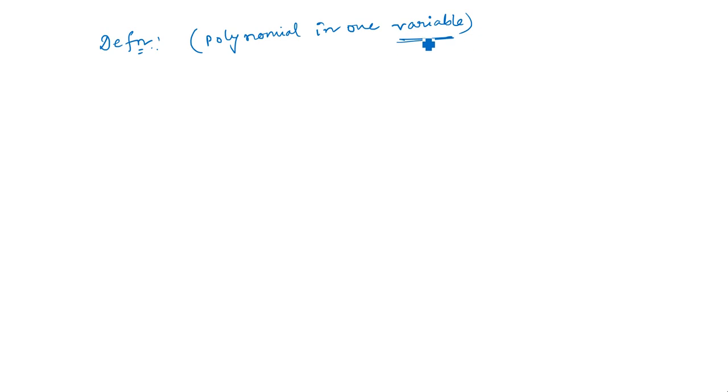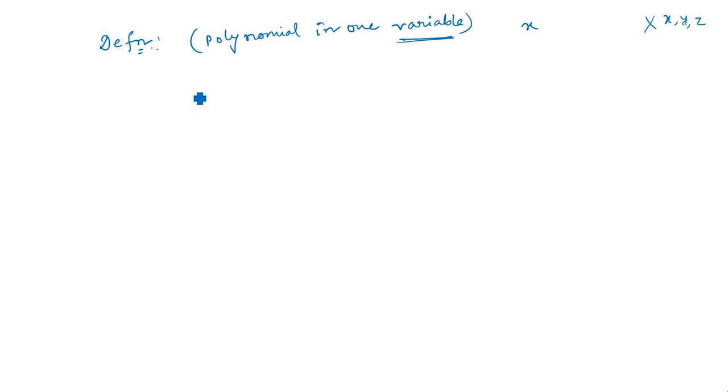Here our variable is only one, that is x. We are not going to take several variables like x, y, z, etc. a priori. Later, we will see some examples of polynomials in several variables also. So what is a polynomial in one variable?